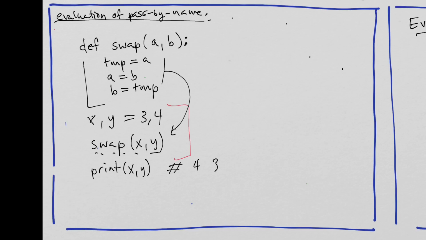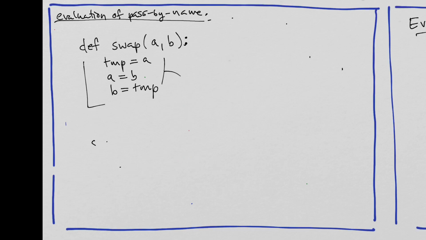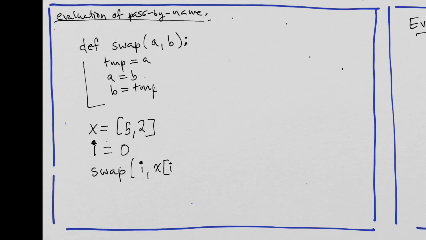One problem, however, is if your language is using pass by name. And so let's think about what happens with a slightly different code. For pass by name, we're going to initialize an array x to be 5, 2, and then we're going to initialize a counter i to be 0, and we're going to swap i with x sub i.